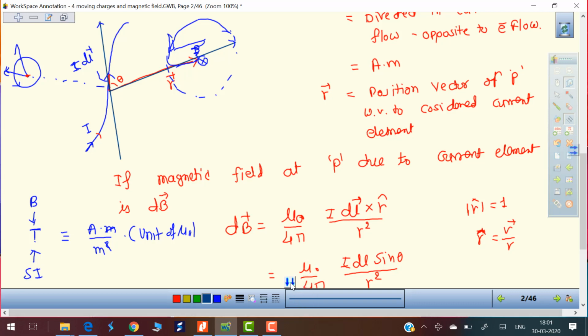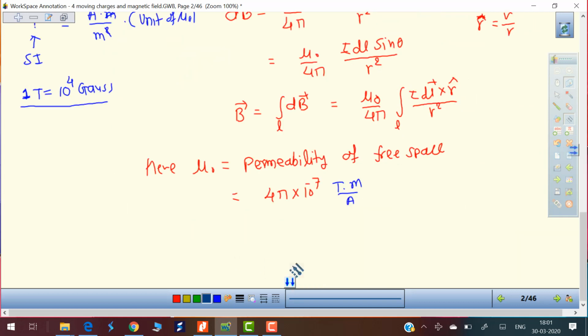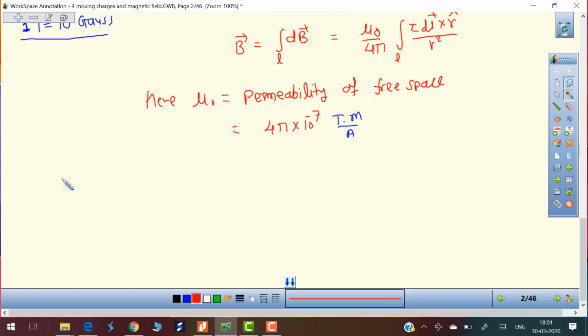One more thing I want to point out is that we know mu 0 is equal to 4 pi into 10 raised to minus 7 in SI units, Tesla meter per ampere.